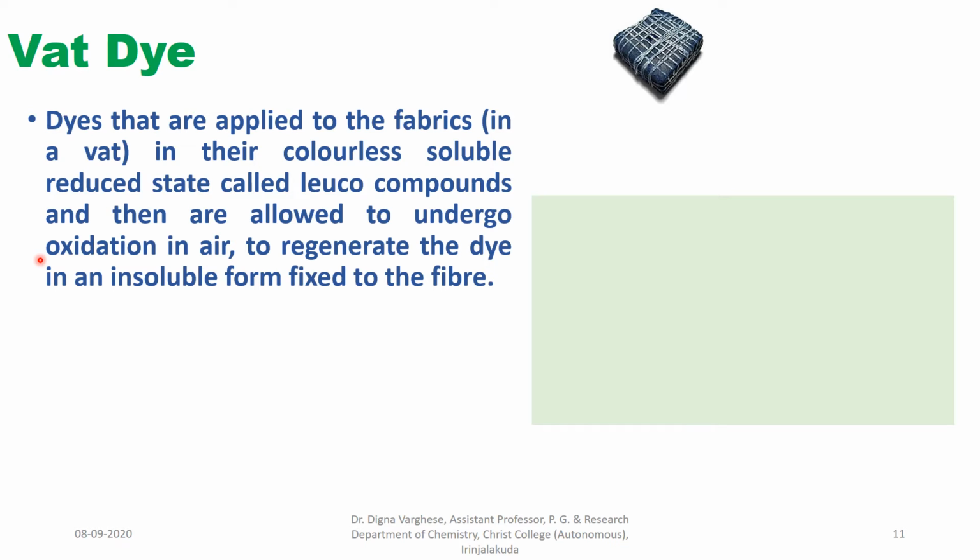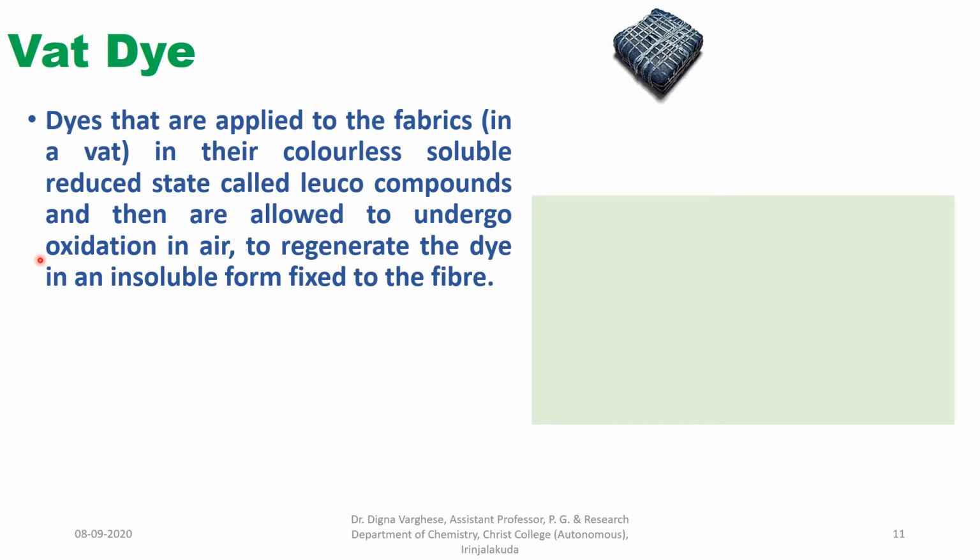Dyes are applied to the fabrics in a large vat, that is an apparatus, in their colorless soluble reduced state, known as leuco compounds. First, it is applied to the fabrics and forms colorless leuco compounds, that is the reduced form.